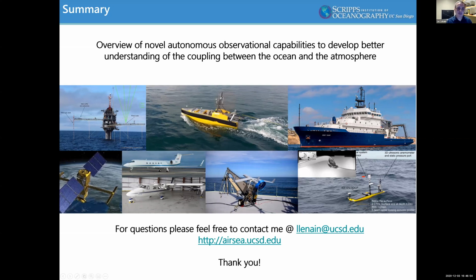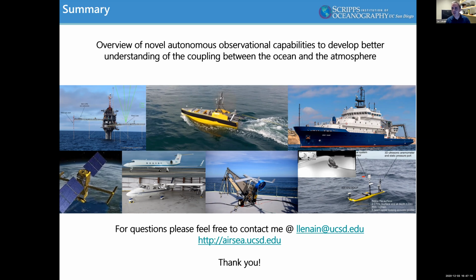Ultimately, cost is one thing, but the way we think of this is that ships or aircraft are kind of like the mothership. It's like an aircraft carrier projecting force. We're trying to project science. You have the main ship where you can launch all those autonomous assets and really expand your spatial coverage.